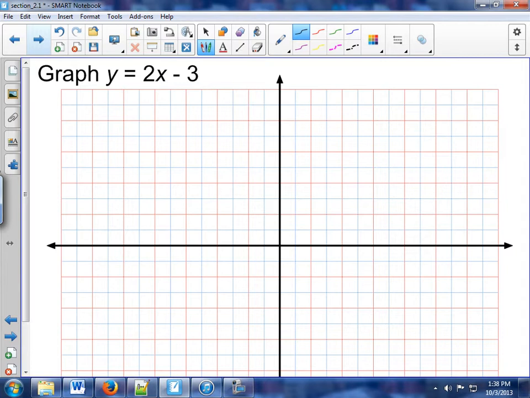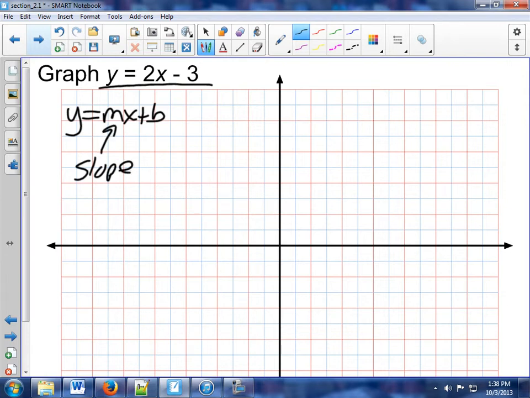So, the first ones come already in this form. Y equals, I'm going to jump ahead a little bit. Remember, this was your slope. This was your y-intercept, right? So the first thing you graph is your y-intercept, which is -3.